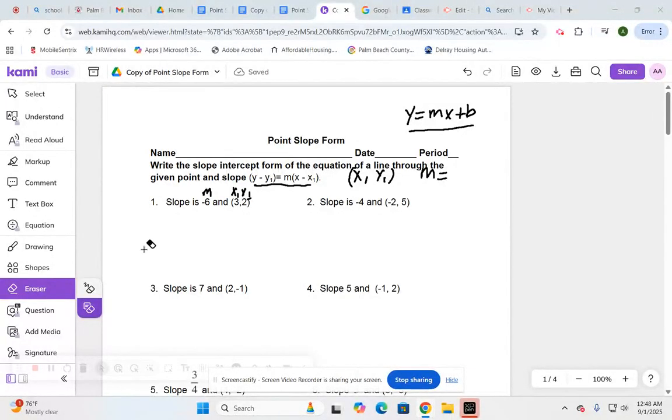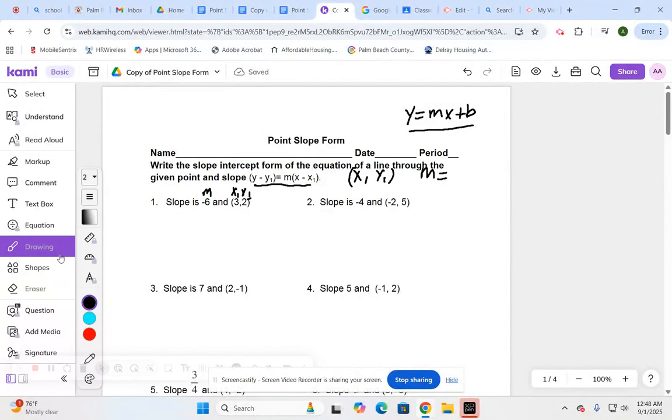All right, so let's look at the first problem. We're going to use our formula, y minus y sub 1 equals m times the quantity of x minus x sub 1. We're going to go ahead and use our given information in this formula. y sub 1 is 2.